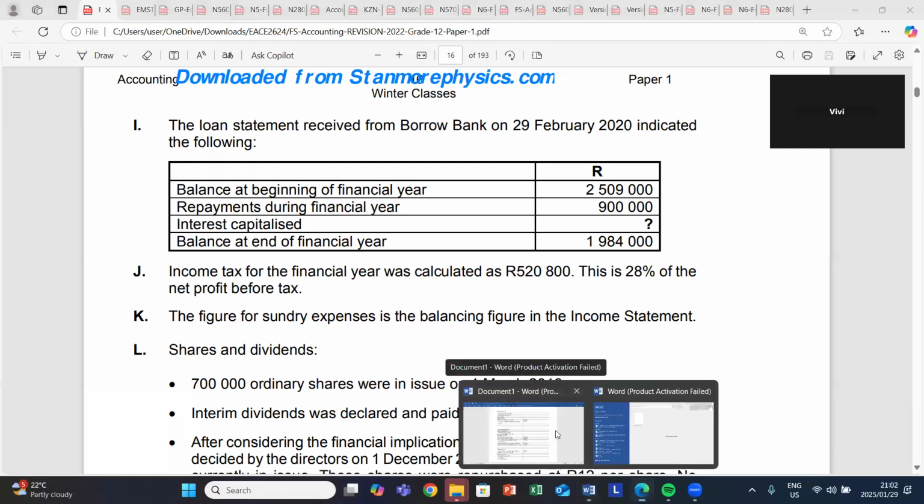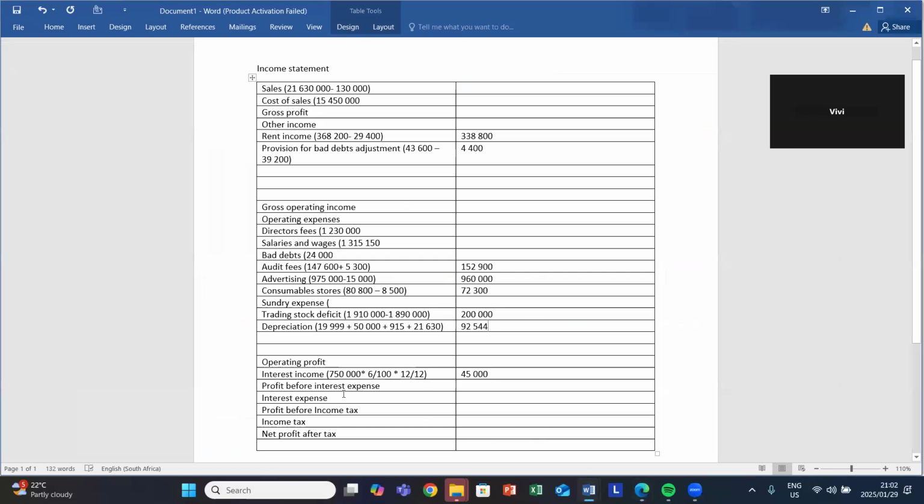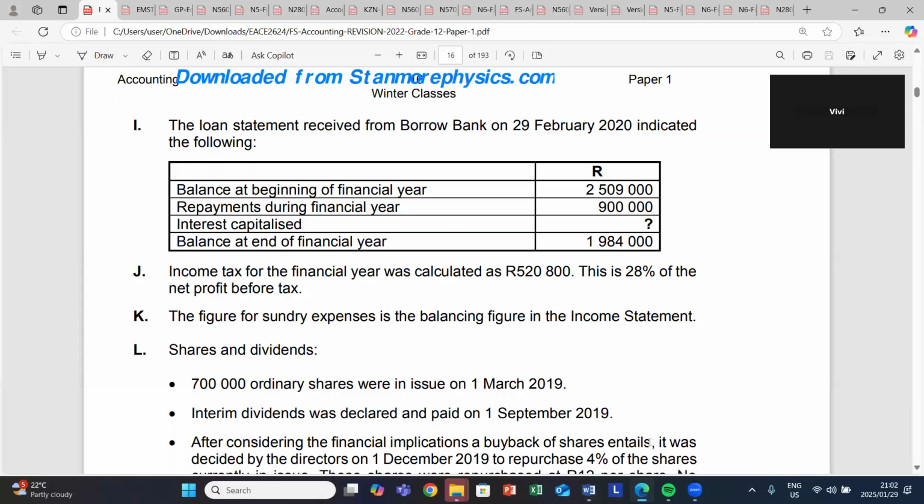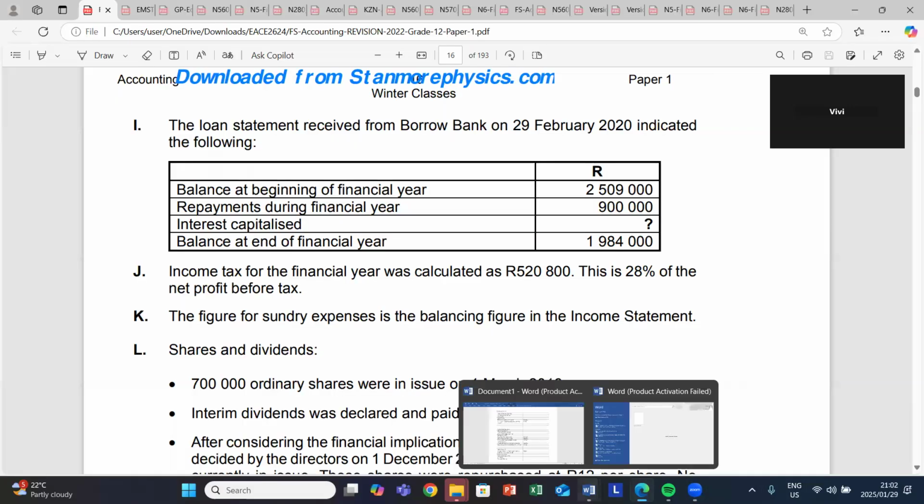So for interest on loan, interest expense, how much was the balance at the end? Can you please go back? We'll say 1,984,000, right?